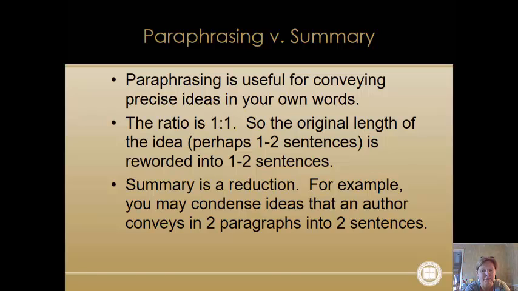For example, you may condense ideas that an author conveys in 2 paragraphs or in 2 minutes into 1 to 2 sentences. That's summary. So those are the distinctions there. You must cite for paraphrasing when you're keeping that original 1-to-1 ratio and you're just rewording the idea. Even though it's your own words, it is their idea and you need to cite it.